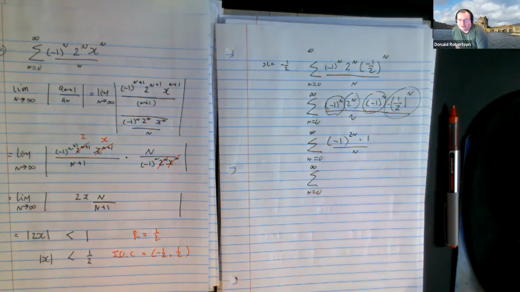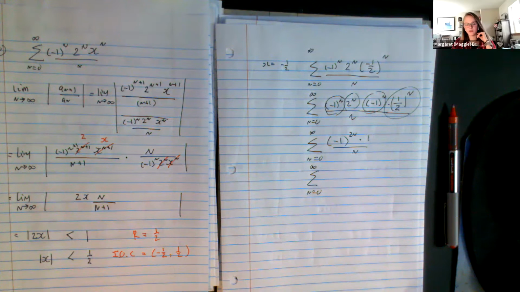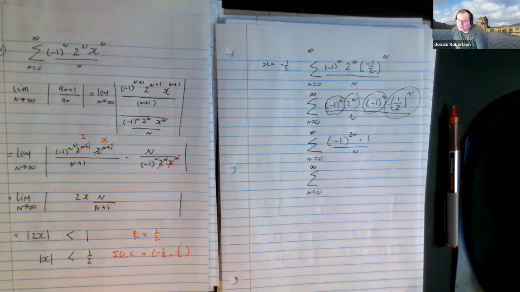Yes, nailed it. Why? Because the 2 is going to make any number double, which is going to make the -1 become -1 times -1, which is going to nix the negative. Yeah. Isn't it going to be -1 to an even power, and aren't even powers of -1 just 1?